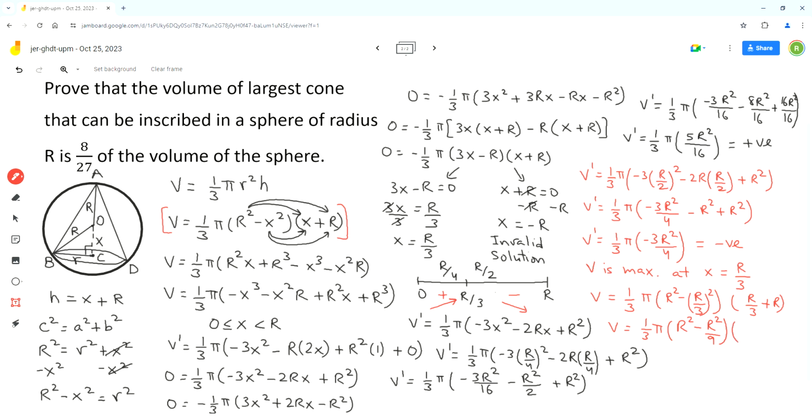R over 3 plus R can be combined by finding a common denominator, which is 3.